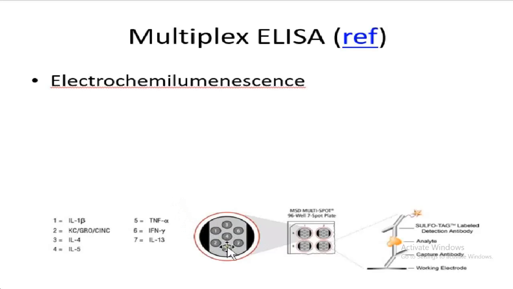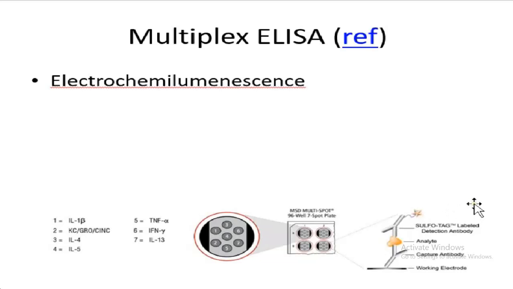And the way this platform generally works is each one of these little regions in the well will be coated with a capture antibody. And then when you add the sample, your target of interest will bind to the capture antibody. And then subsequently, you'll add the detection antibody afterwards, which will have this sulfo tag attached. And the concept is that when you put an electric current across the well, then if the individual segments have detected the target of interest, they will have this detection antibody, which will have this sulfo tag.